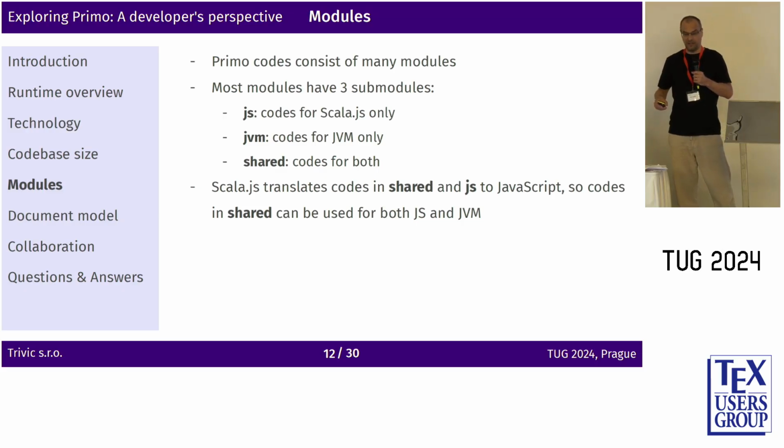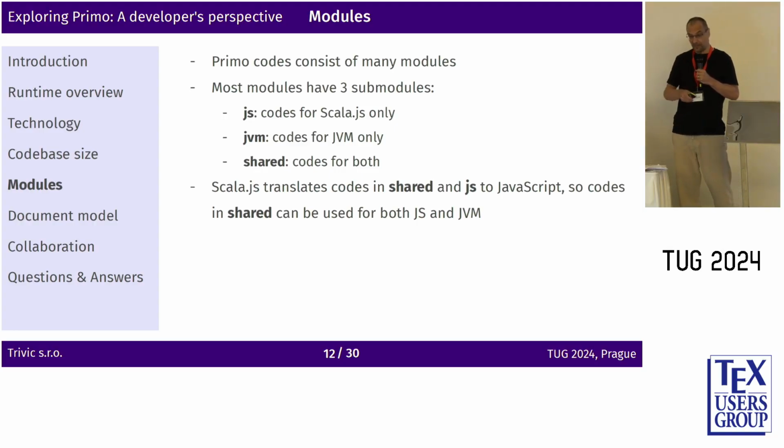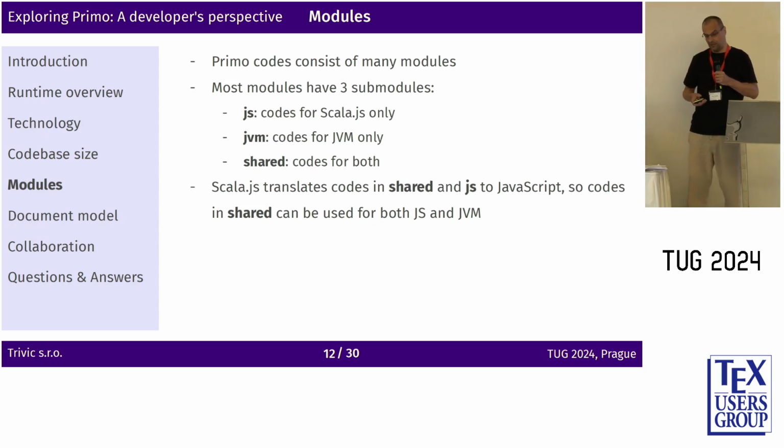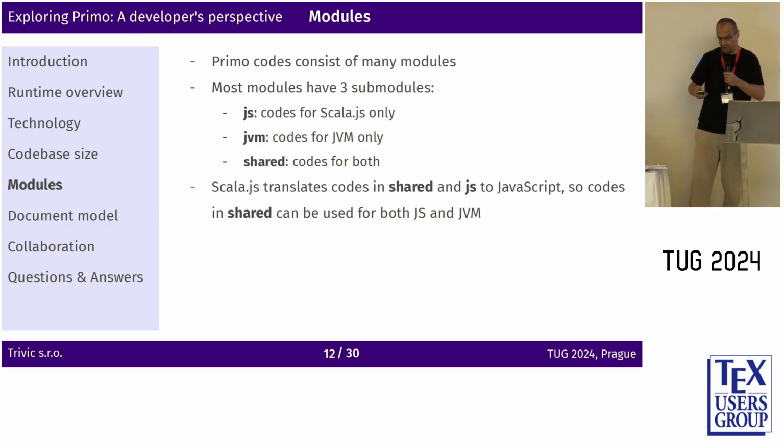This is very good for us because we have some pieces of code in each module which we want to share between the JVM and the JavaScript. So each module basically has 3 parts: for JVM, for JavaScript, and the shared. The shared with JVM is compiled to JVM, and shared with JS is compiled to JavaScript.